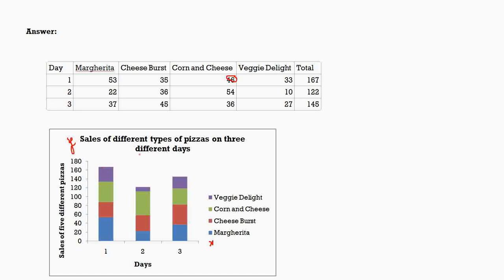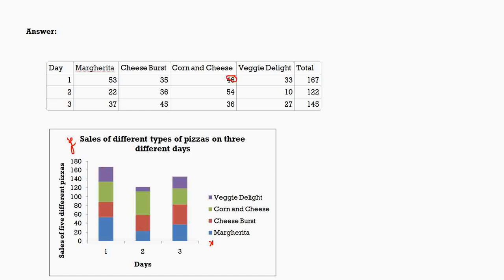Okay, so let us see day 2 also. For day 2, the total is 122. So first we'll mark 122 over here and draw the bar. And inside the bar, the first set will be margherita, which is 22. So we'll mark it at 22. And then we will go for 36. Adding up 22 and 36, it's 58.